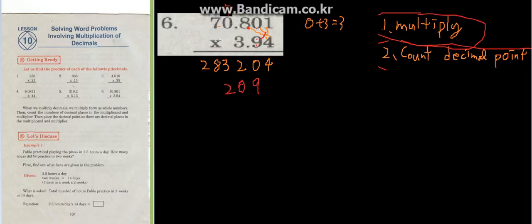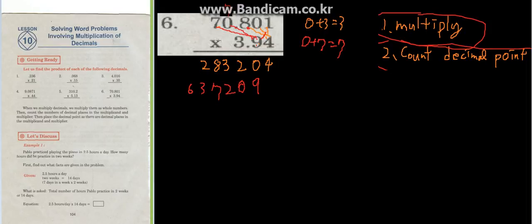Then 0 multiplied by 9 is 0, and we add the 7, so it becomes 7. Now 7 multiplied by 9 becomes 63, so we write down 63.